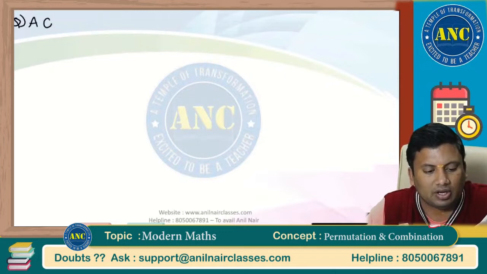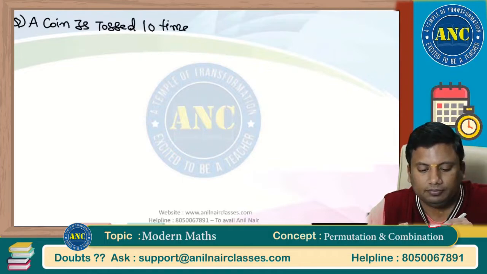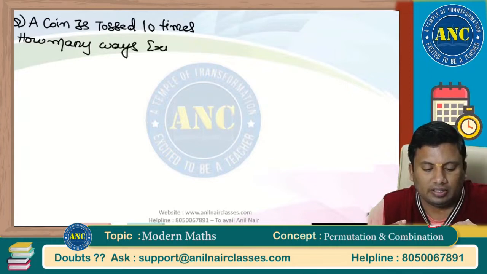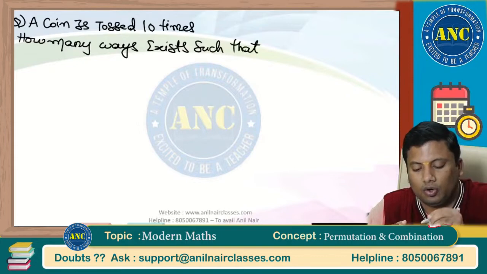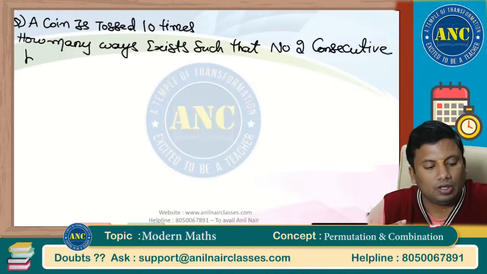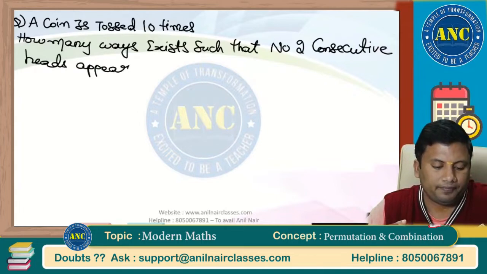A coin is tossed 10 times. How many ways exist such that no 2 consecutive heads appear?